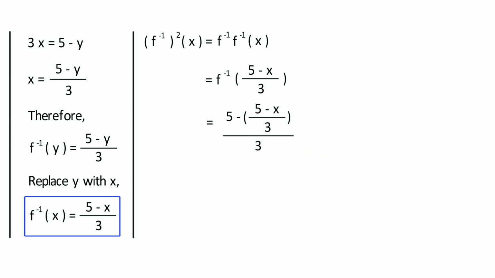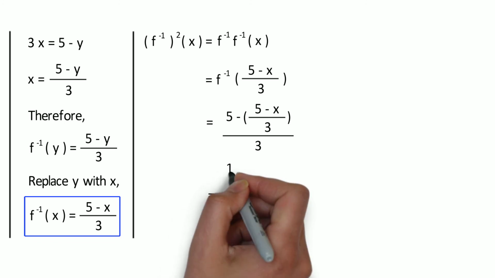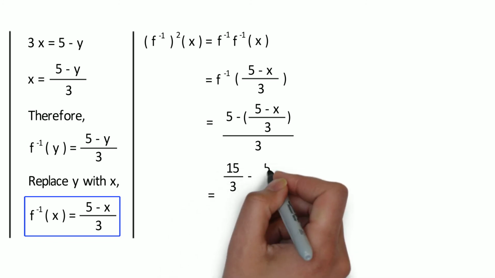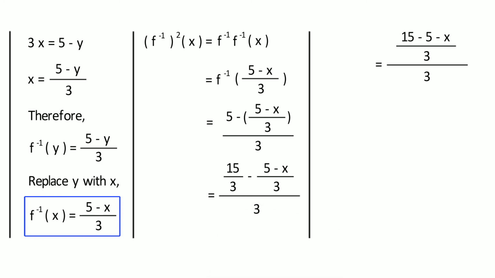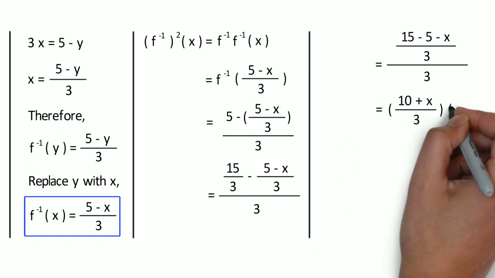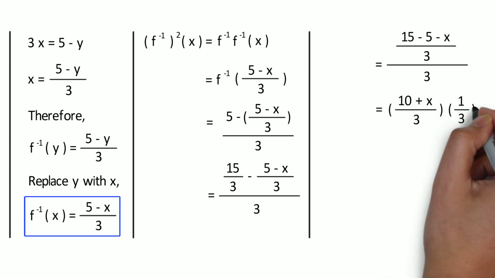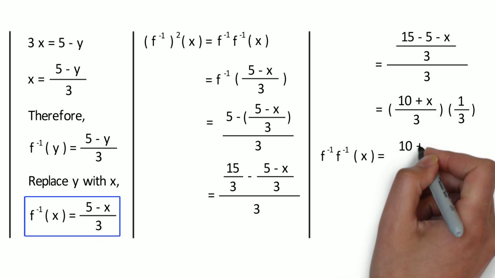Now rewrite 5 in terms of fraction and we get (15 over 3 minus (5 minus x) over 3) over 3. Now group the fractions together and after simplifying we get ((10 plus x) over 3) multiplied by 1 over 3. So that gives us (10 plus x) over 9.